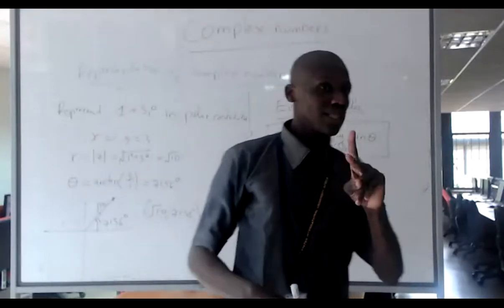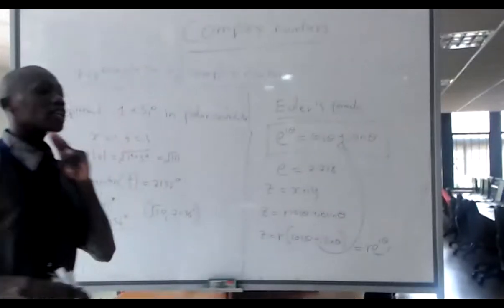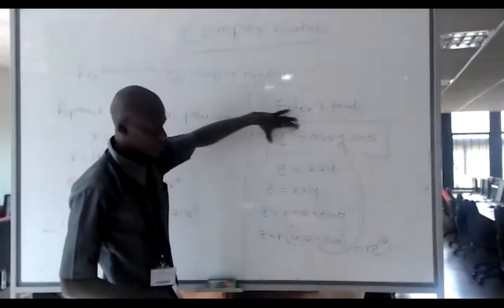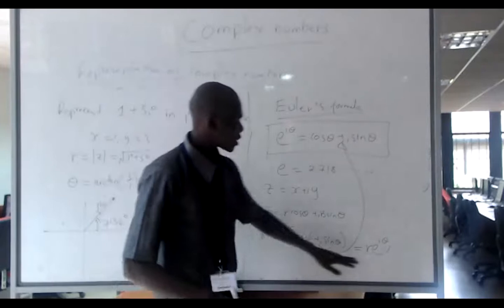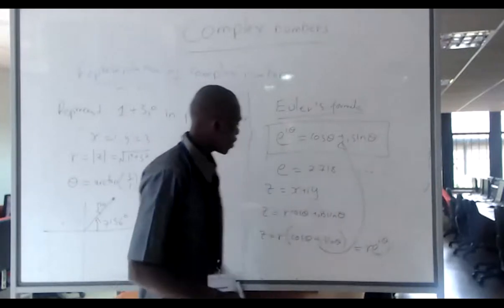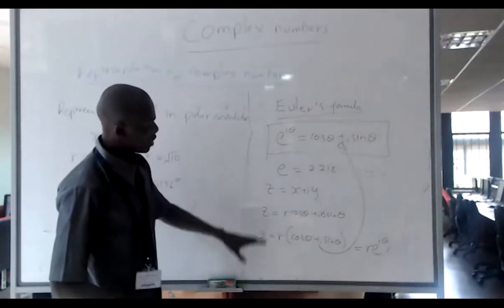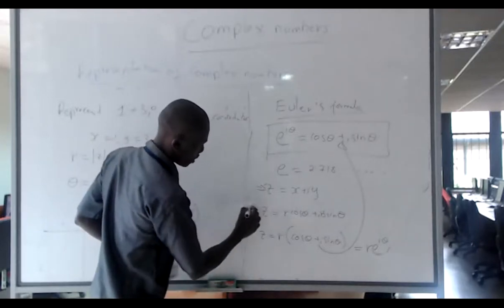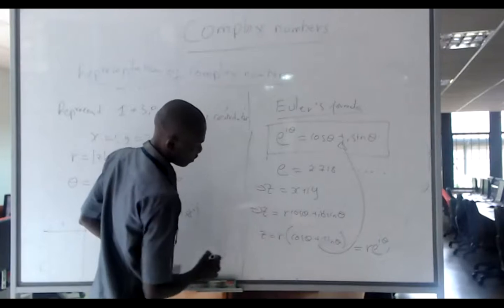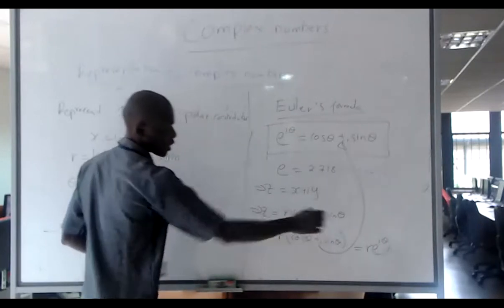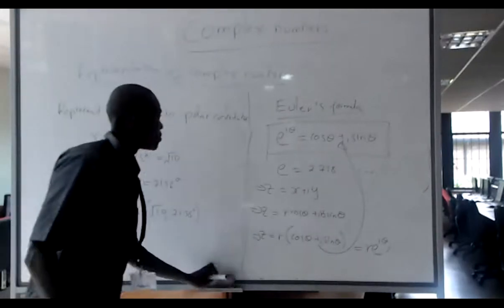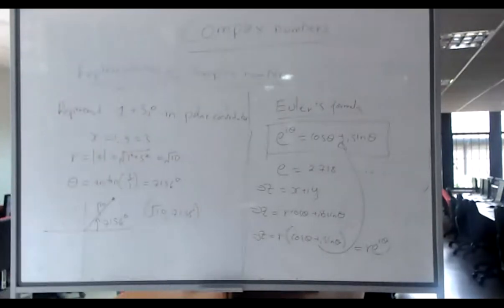And then thirdly, you can have the exponential form, where you need to invoke Euler's formula. So you can write a complex number as r e to the power i theta. All these three different forms, the rectangular, the polar form, and the exponential form, refer to the same thing. They are different ways of writing the same complex number.